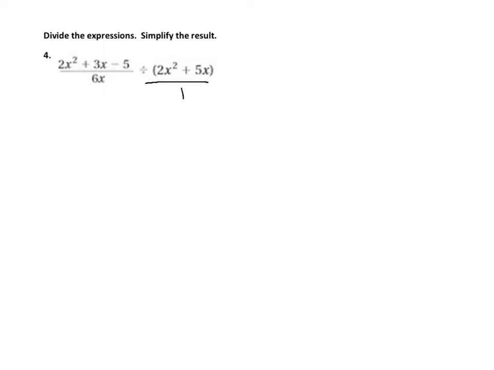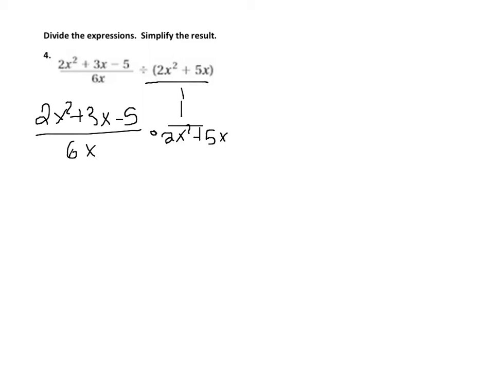Okay, so hopefully you pressed pause. Remember, the first one stays the same. So what multiplies to negative 10 and adds to positive 3? 5 and 2. So you have 2x plus 5, x minus 2.